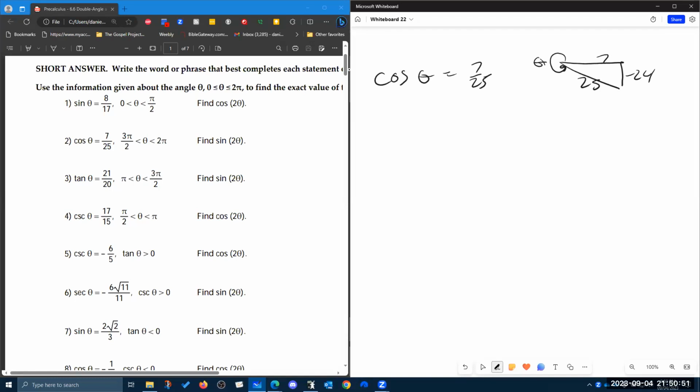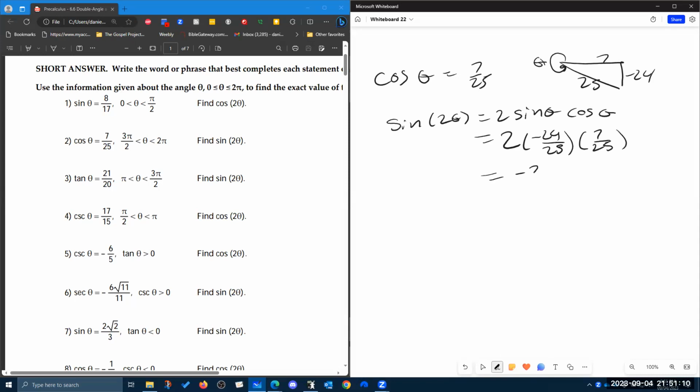And I want sine 2 theta, which is 2 sine theta cosine theta, which is 2 times -24/25 times 7/25, which is -24 times 14 over 625, giving -336/625.